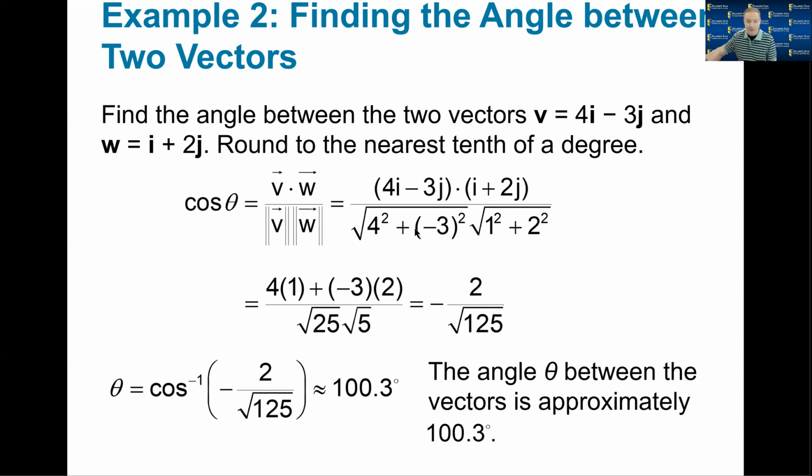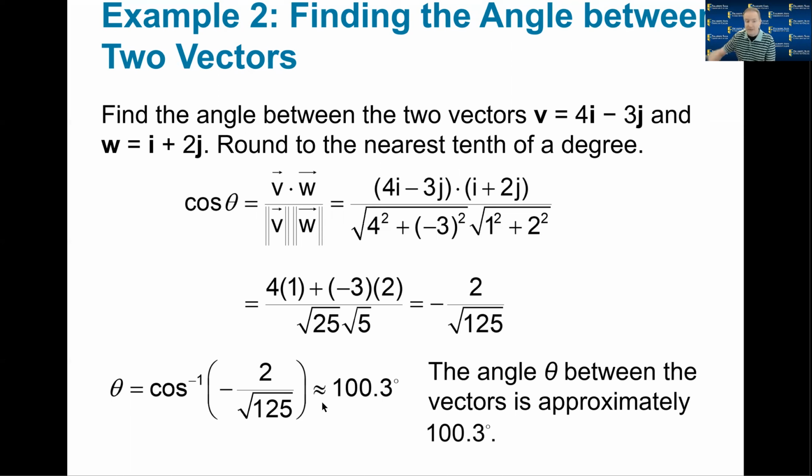My denominator: the first square root is the square root of 25, which I could have called 5, times the root of 5. The second one, of course, is the root of 5. I chose to multiply these out and just call it the square root of 125. I could have left it as 5 times the root of 5 in that denominator. It doesn't matter because the goal in this problem is to solve for theta. Theta is going to be the inverse cosine of this fraction.